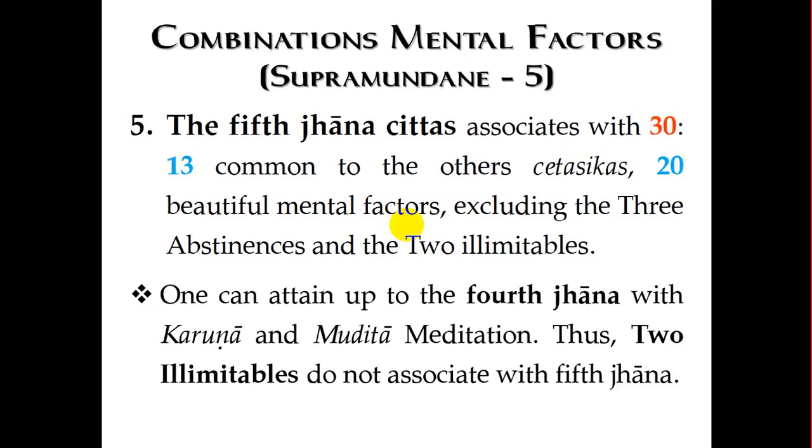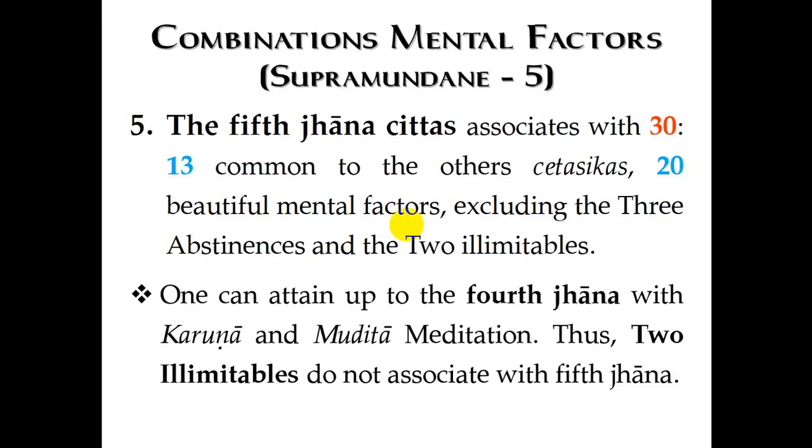So the fifth jhana chetas associate with only 30: 30 common to the others Cetasika, and 20 beautiful mental factors. We have to amend the 25: exclude 3 abstinences and 2 elementaries. That's all. Now we have finished 5, the 5 method. Very easy, right?